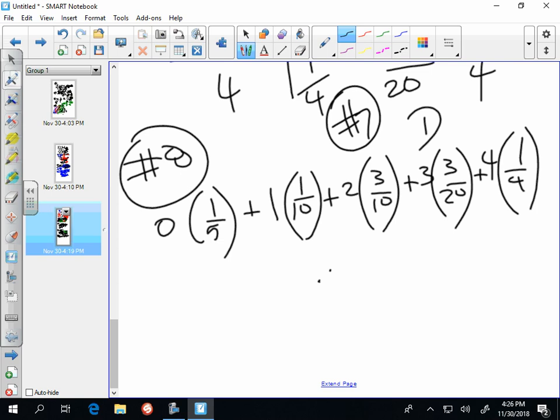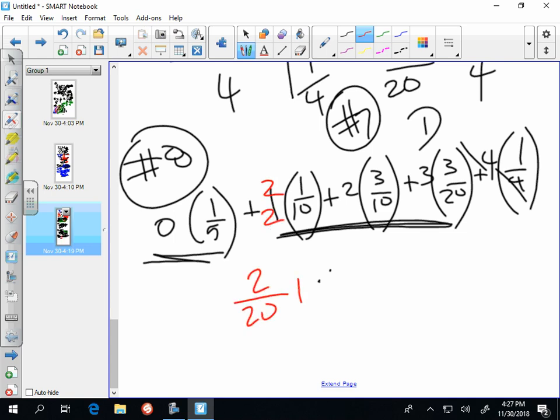Okay, so what do I have here? Well, the first term, 0 times stuff, that goes away. And then I'm looking here, and I'm noticing some canceling I can do. But I also think I should make a common denominator here. So I think I'm going to go with 20ths, 2 20ths plus, multiply here by 2 to get 20.